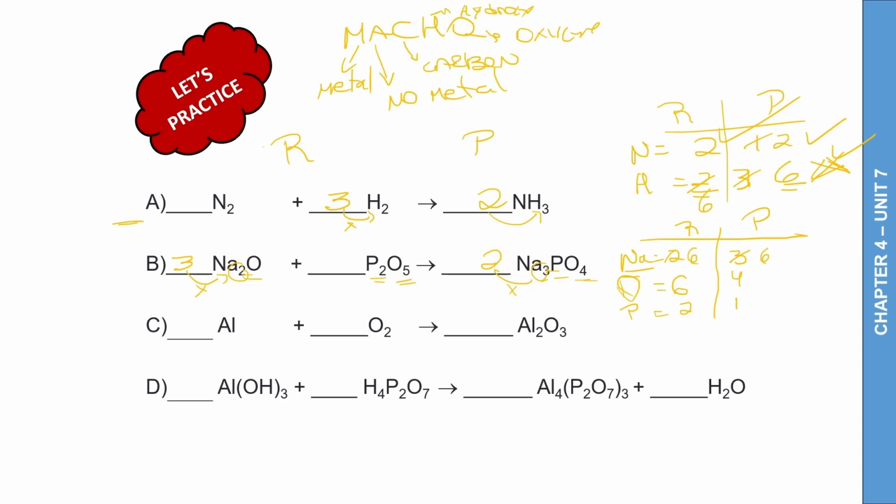But now I mess with the other number. So 2 times P. Now I have 2 phosphorus. And here I have 4 times 2 is 8. Right? So I have 8 over here.